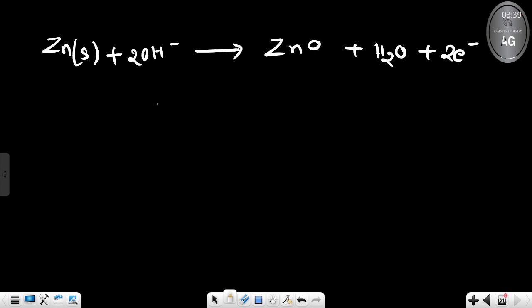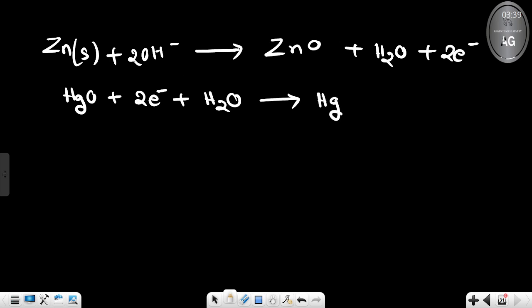On the other hand, we have mercury oxide that will take up these 2 electrons and the water also to form mercury, and the 2 hydroxide will be formed. If you remember one equation, it will be done.